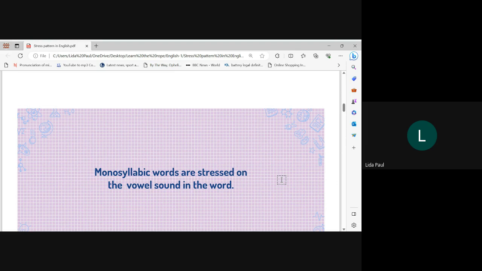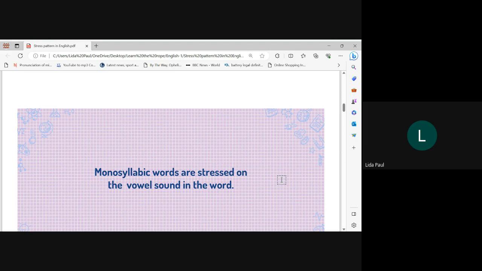There are certain rules to see how this stress is applied. But one needs to keep in mind that whenever you have a word with more than one syllable, one of the syllables definitely takes the stress. That is the whole idea behind this.